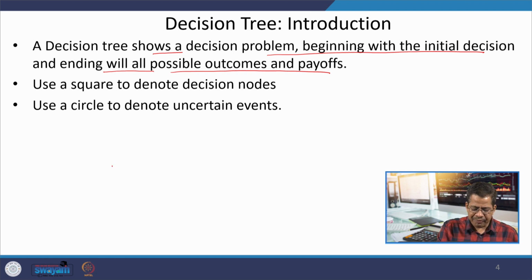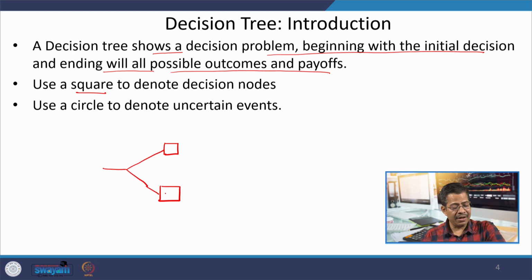It begins with the initial decision and ends with all possible outcomes and their respective payoffs. We are using two types of symbols in the decision tree as we are progressing. Whenever a square is used, it denotes a decision node, and a circle denotes the uncertain events.